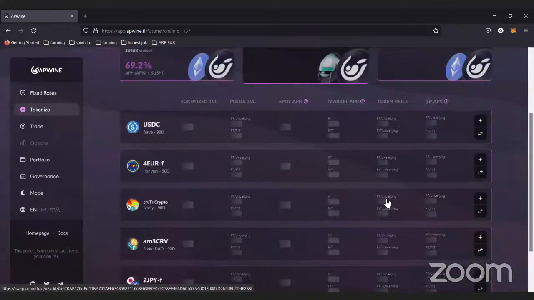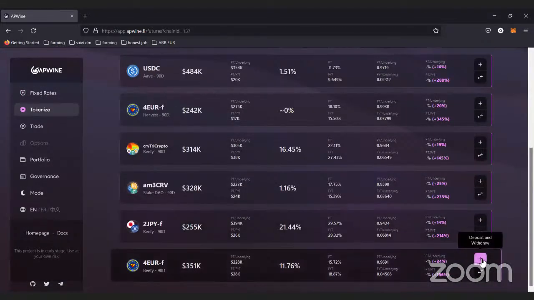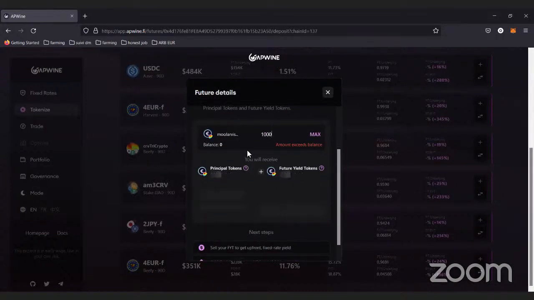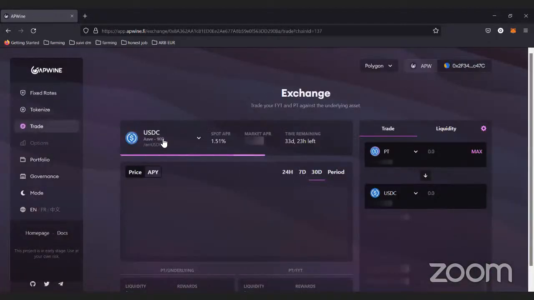So you go on tokenize, you go on €4 here, you click on plus, and let's say that you have 1,000 Jarvis €4. So this is what you're going to receive: 1,026 of PT and 1,026 of FYT. Then we're going to sell the FYT.